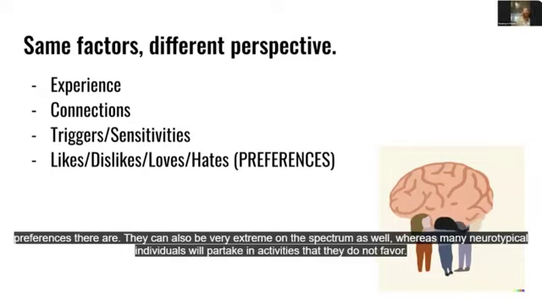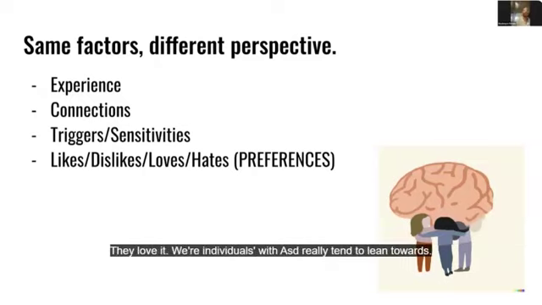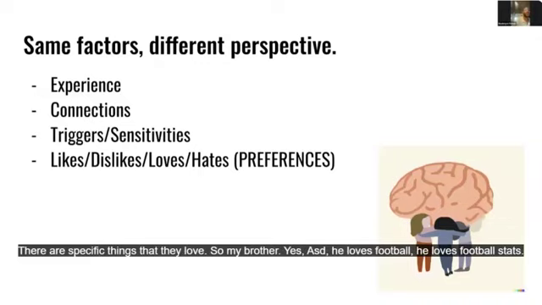Whereas many neurotypical individuals will partake in activities that they do not favor. It doesn't mean that they hate it, but it does not mean that they love it. Individuals with ASD really tend to lean towards their specific things that they love.